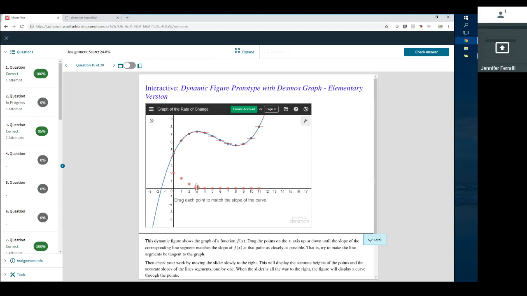line for that curve. And as they're doing it, you notice that the dots are forming the graph of the derivative of this cubic function. The student can slide to see if what they did matched.